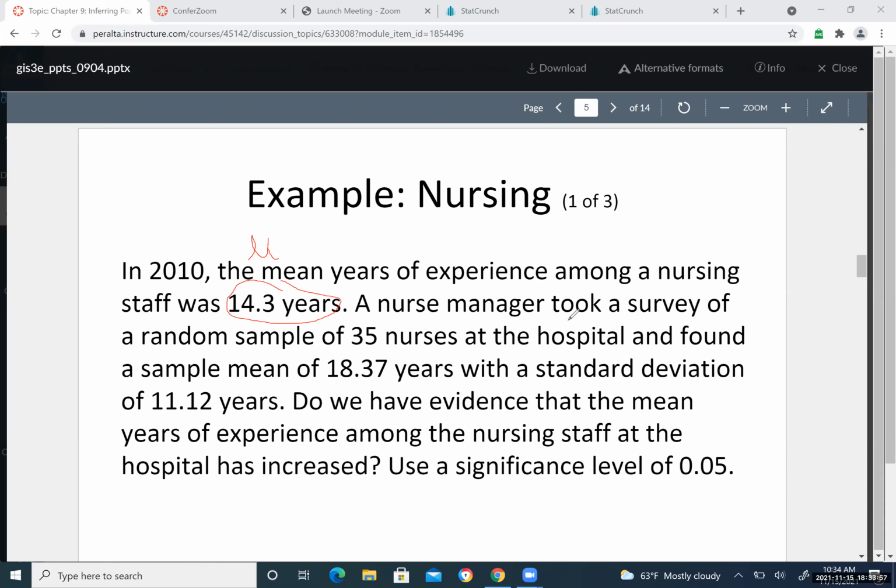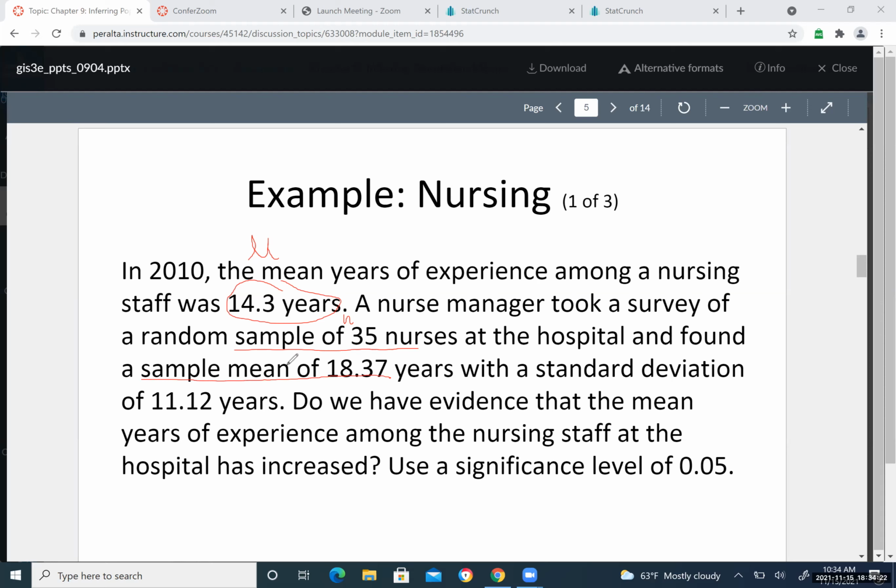Our nurse manager took a survey of a random sample. See that? Random sample, 35 nurses at the hospital. So this is the random sample, which is n, the sample size. And found a sample mean. They give us the sample mean, which is X bar.